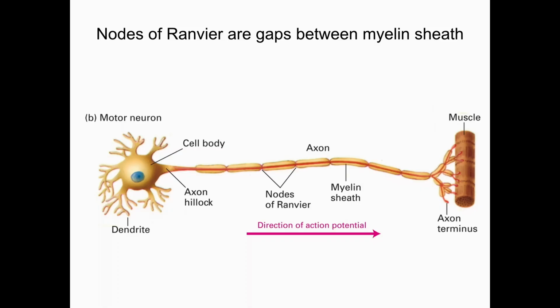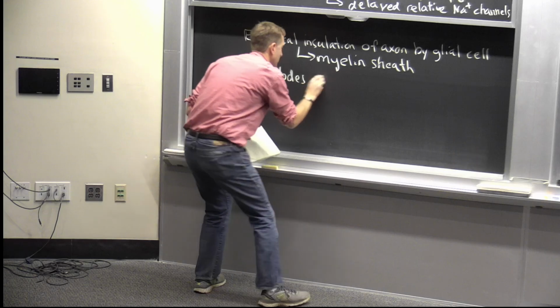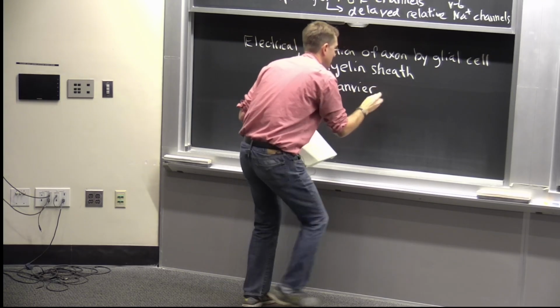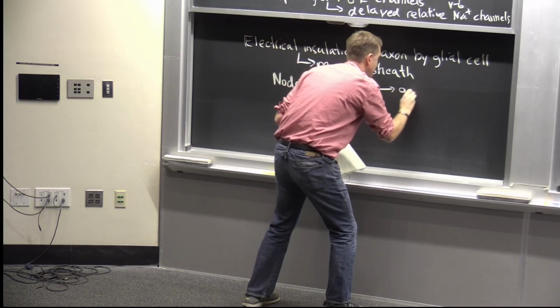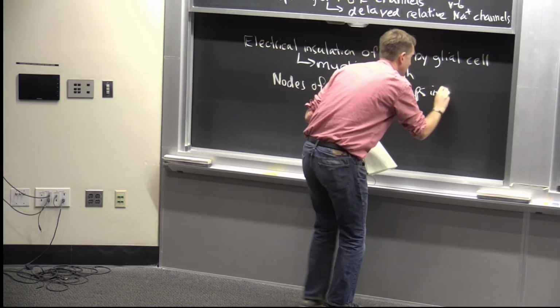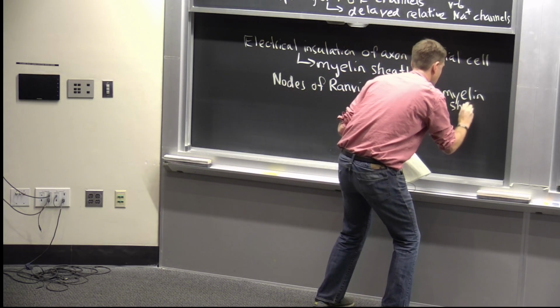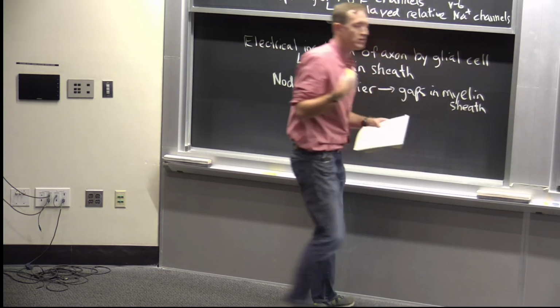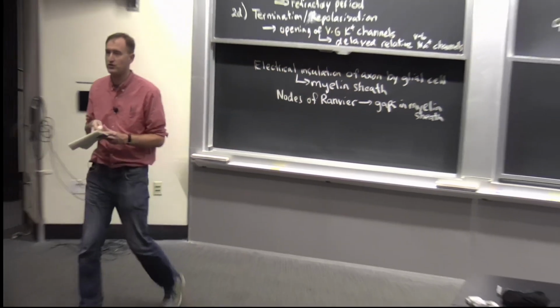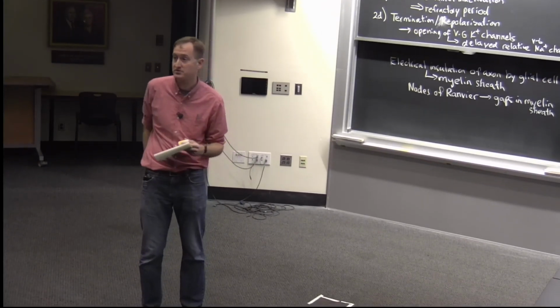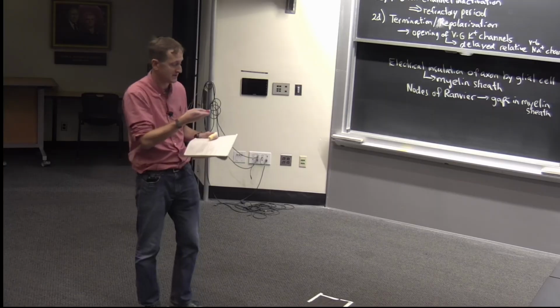Okay, so there are these nodes of Ranvier, which are gaps in the myelin sheath. And these nodes perform an important function for the neuron because where the axon is wrapped, the membrane is electrically insulated.